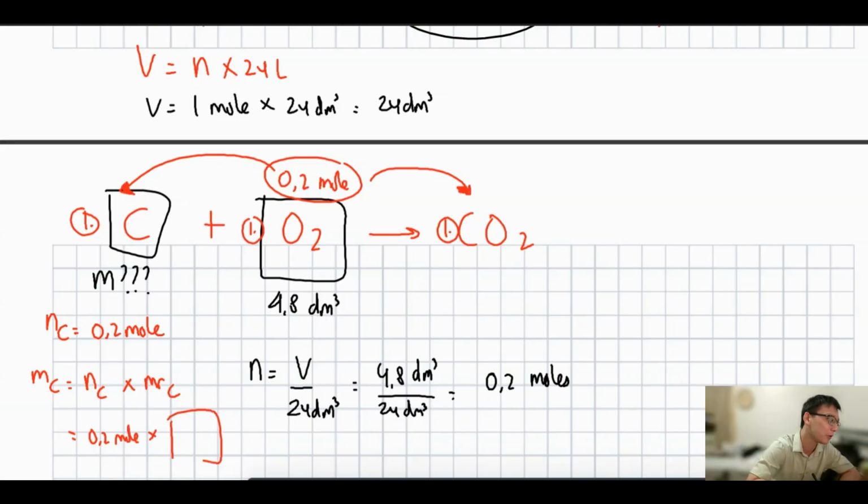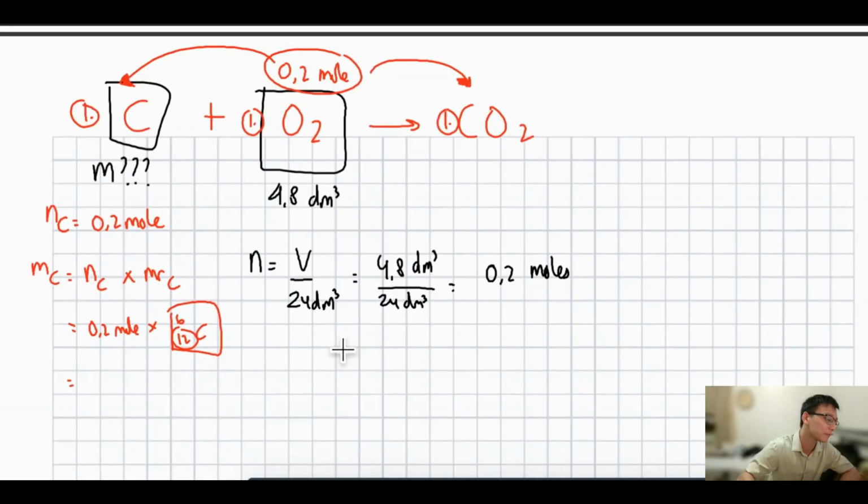So 0.2 mole multiplied by carbon 12. So it will be 2.4 grams. It seems that 2.4 grams of carbon is needed to be able to combine with 4.8 decimeter cube of oxygen to form carbon dioxide. We can even find the mass of carbon dioxide as well. So you can try that if you want.